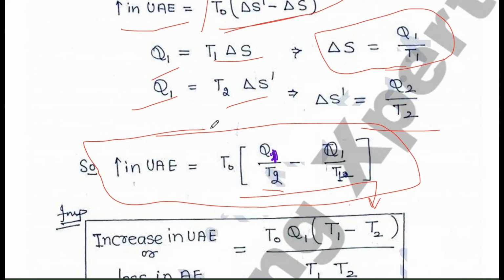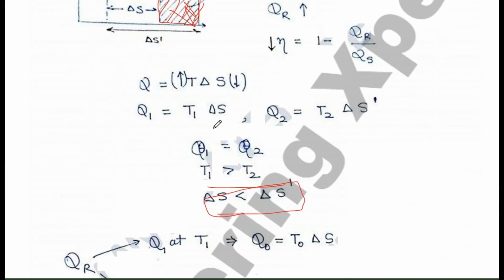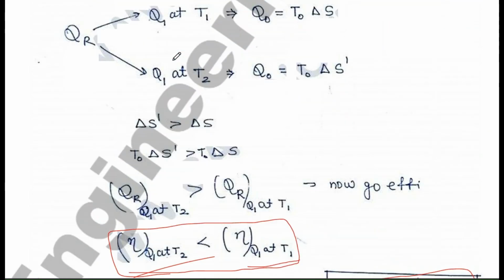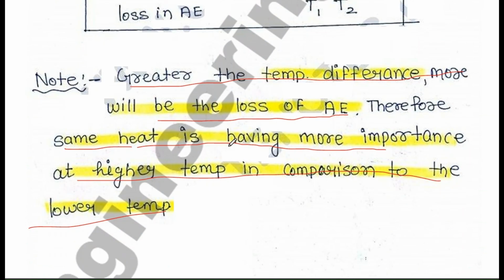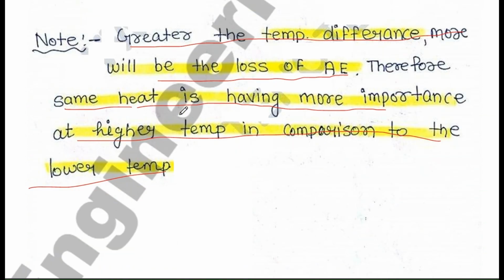You can see from this that if you take same heat at higher temperature, that would be more beneficial because the heat losses will be lesser in the case when you take the same heat at higher temperature rather than the same heat at lower temperature. So this point is basically signifying the same derivation and the same conclusion that we have derived just above.